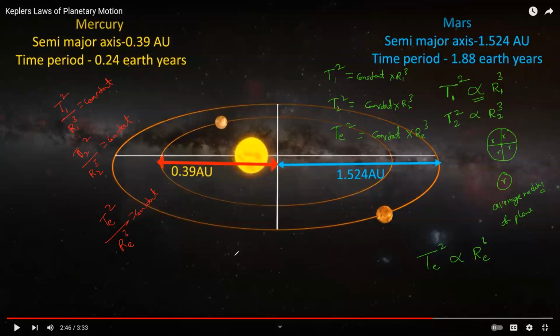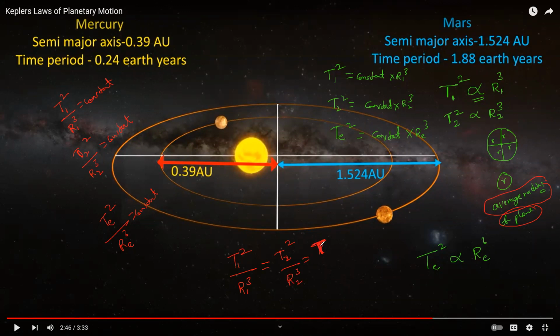If you take the ratio of the square of the time period divided by the cube of the average radius of the planet's orbit, it always remains constant for every planet. That is called Kepler's third law.